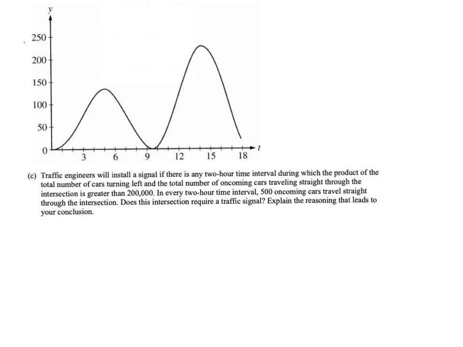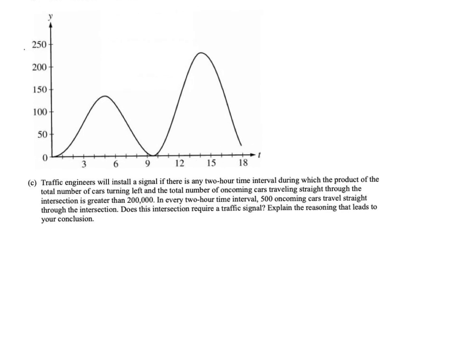So in terms of this process here, we've got something that we're given this weird equation here, which is the product of the total cars going left, so that's like L of t, and 500 oncoming cars is equal to 200,000.